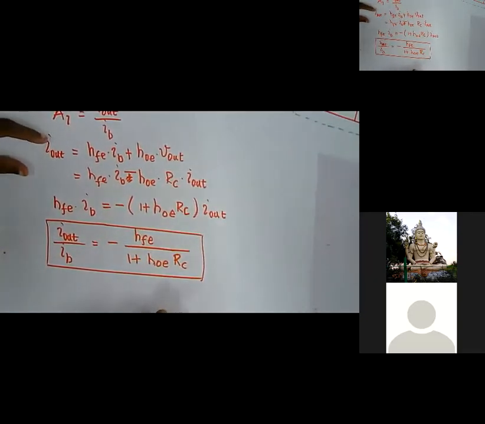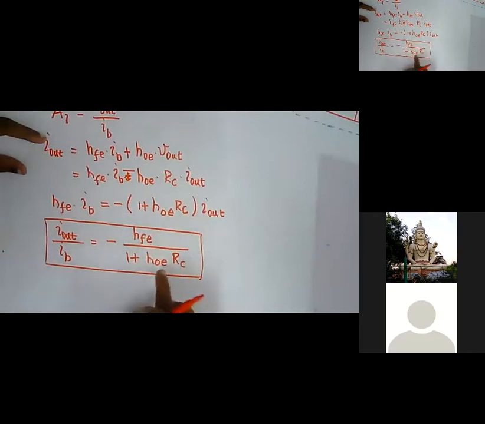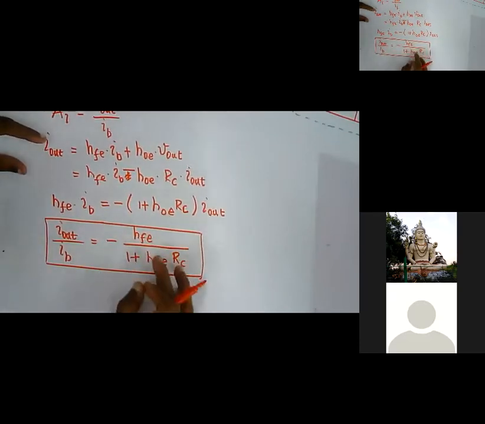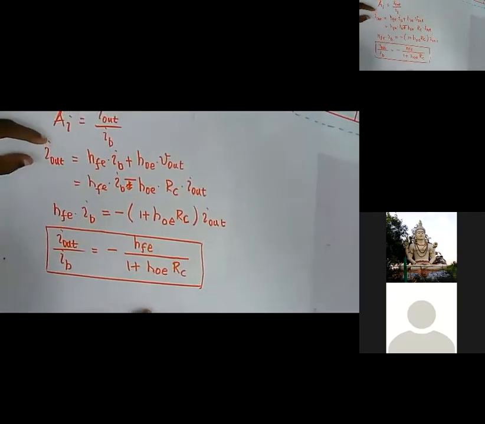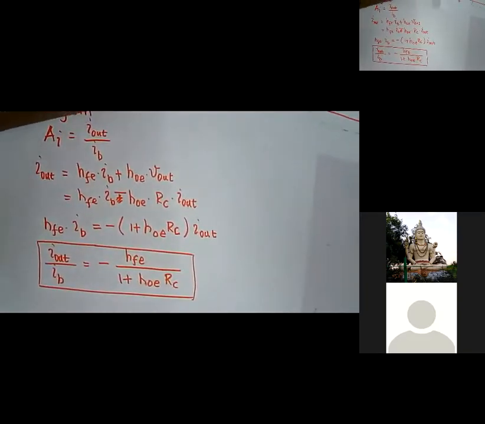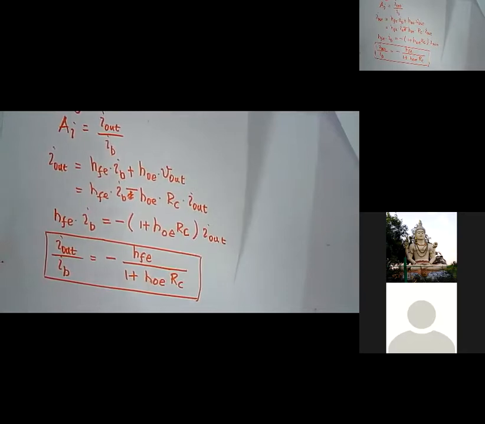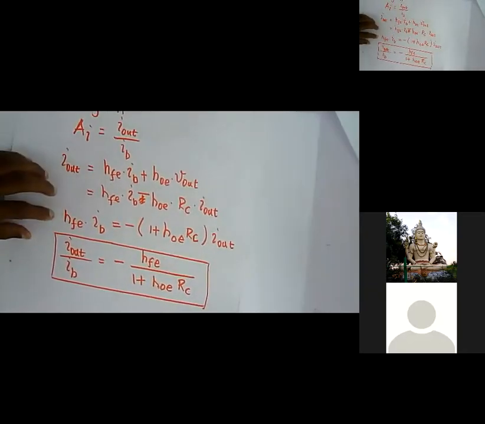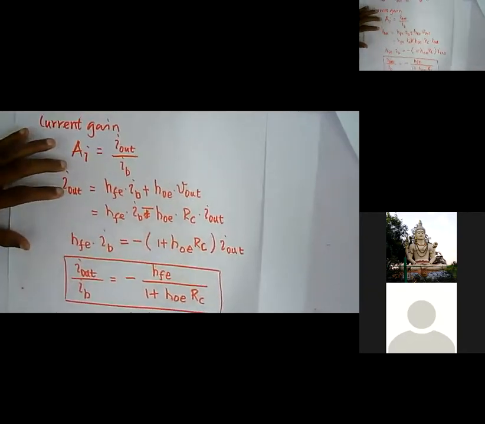If you know the values of HFE, HOE, RC, just substitute them and you will get the answer. So this is how we get the current gain of the AC equivalent circuit of a transistor.